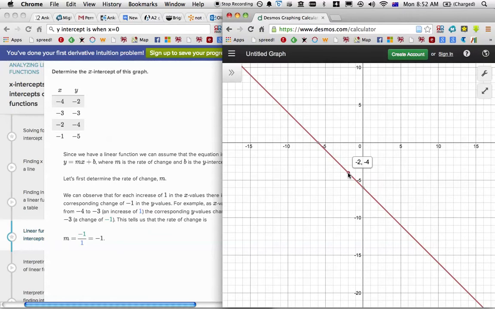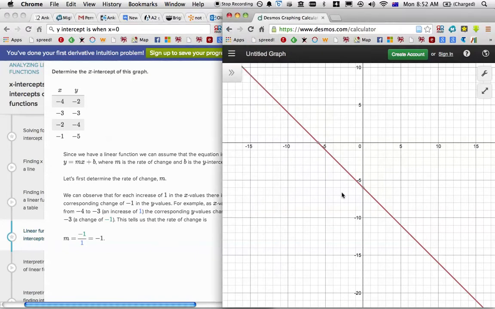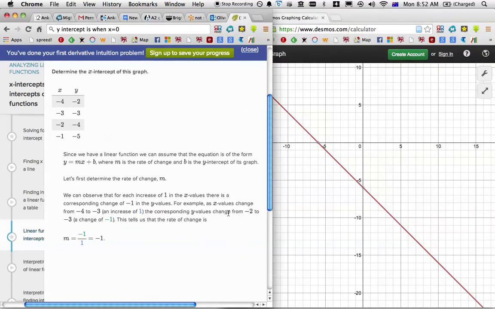And as we increase x by 1, there is a corresponding change of -1 in the y values. So we go down: an increase of 1 in x corresponds to a decrease of 1 in y. For example, the x values change from -4 to -3, an increase of 1 in the x coordinate.